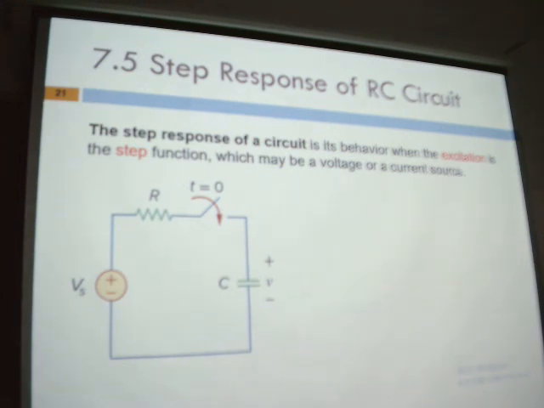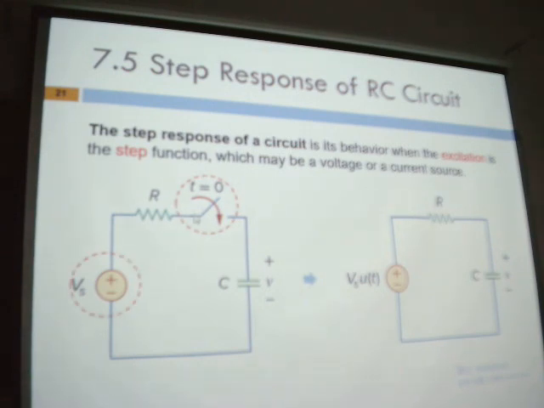Excitation of a circuit means a source, right? This step function can be a voltage or a current source. If it is a voltage source, the source will be Vs times u(t).